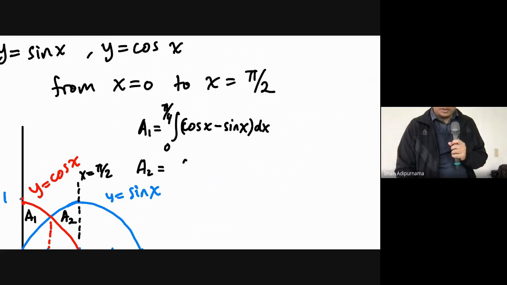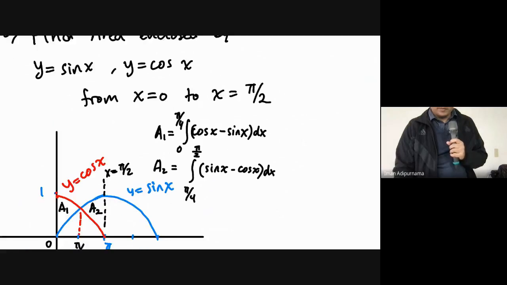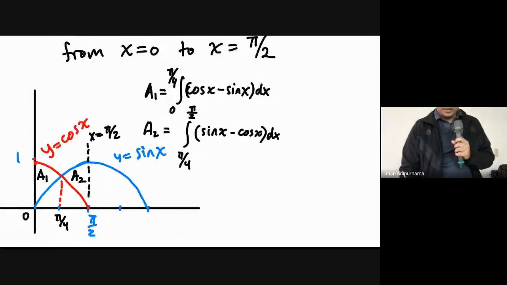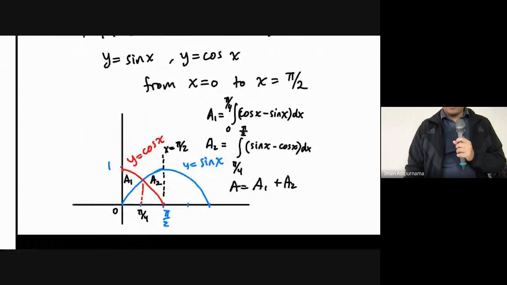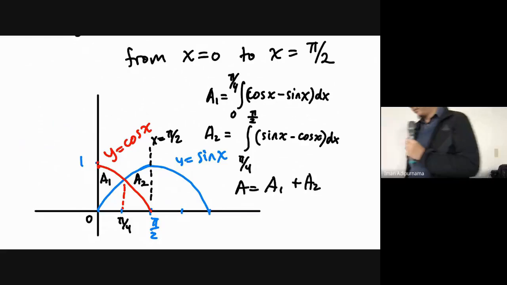And A2 will be an integration. Wait, wrong. And the total area will be A1 plus A2, right?